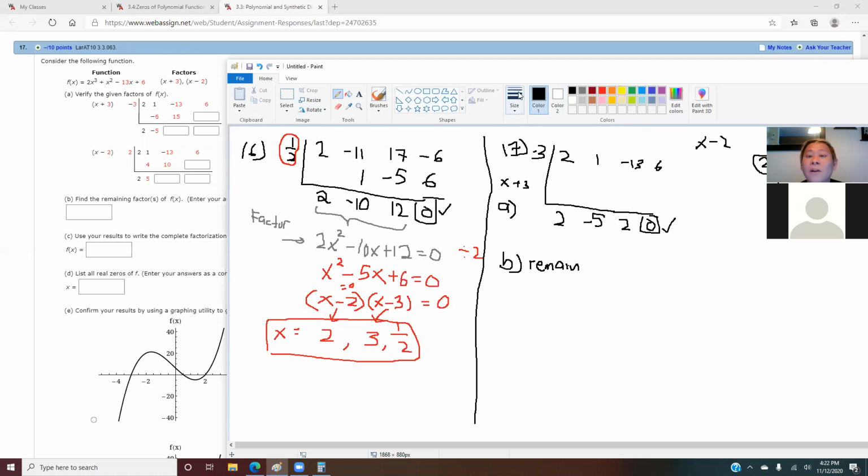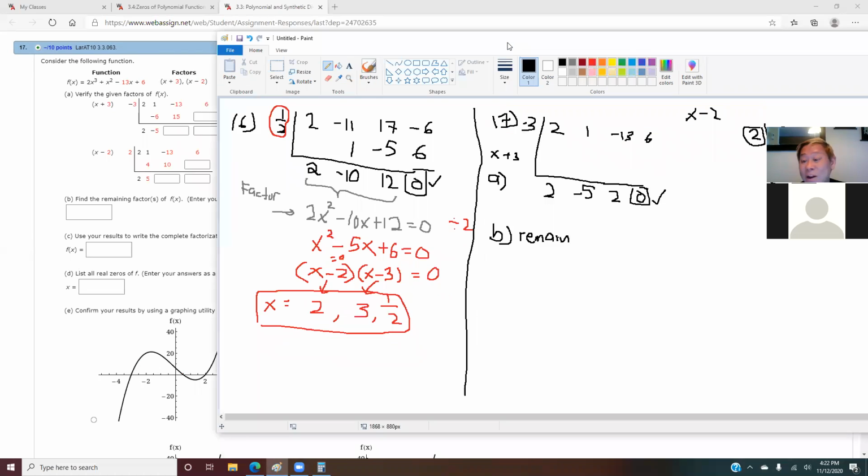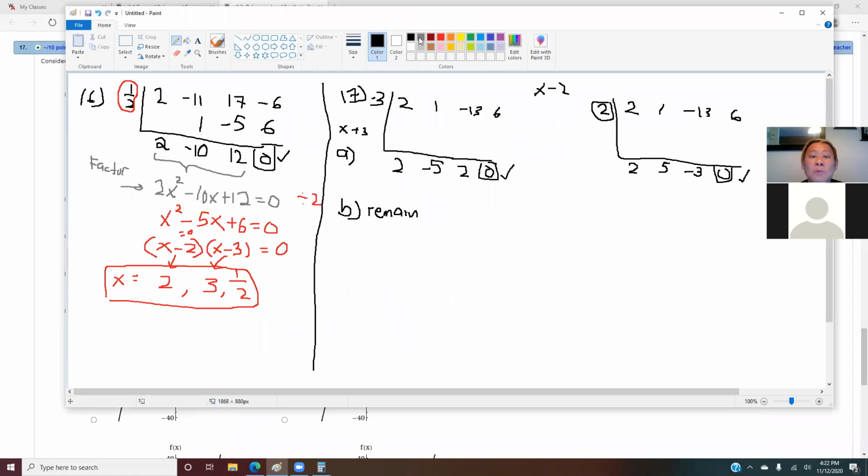So you have to find the other one. And how do you find it? You take this one or this one, one of those, and you have to what? Factor it out. So which one do you want to pick? One of them, they are the same. You will get the same. The first one is fine.